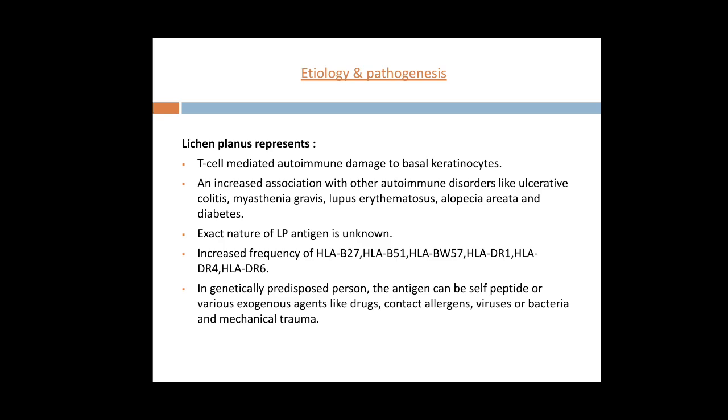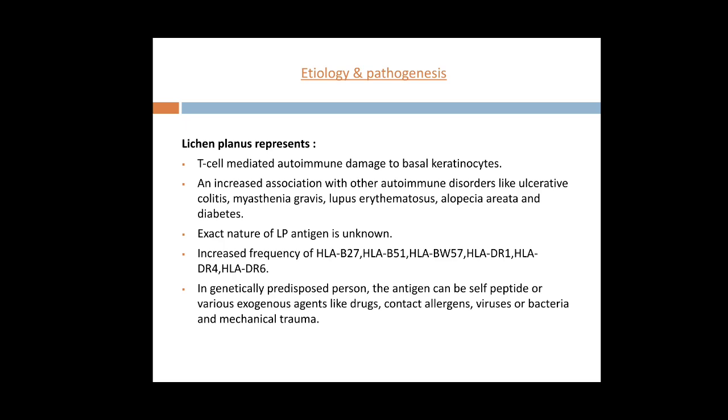Now, how does lichen planus develop? What might be the reason? There are many triggering factors which are associated, which we'll be discussing later. Now, what might be the etiology? Many suggest that it might be an autoimmune damage of the basal keratinocytes, as many of these patients have associated autoimmune disorders like ulcerative colitis, myasthenia gravis, lupus erythematosus, alopecia areata, and diabetes.